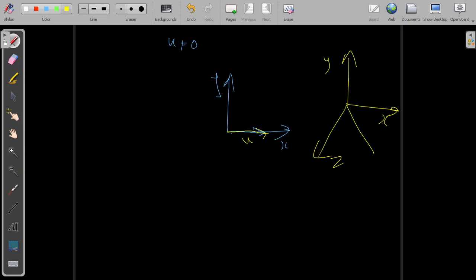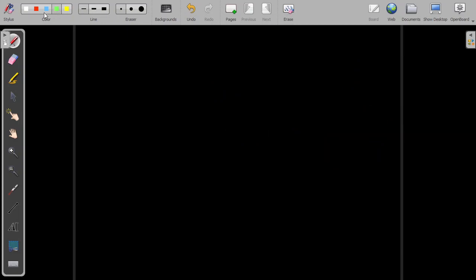Like this, a non-zero vector I am considering in R^n. In general I am saying it as R^n. This is a vector like this vector.